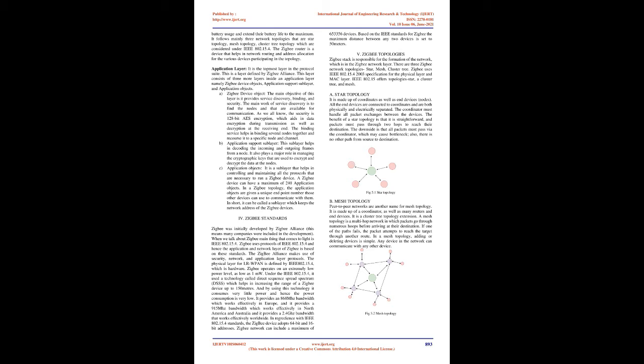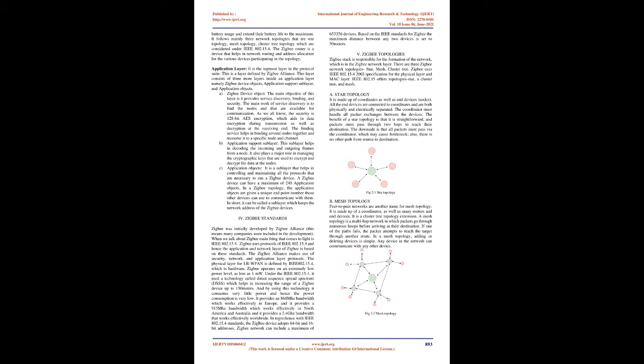It provides an 868 MHz bandwidth which works effectively in Europe, and it provides a 915 MHz bandwidth which works effectively in North America and Australia, and it provides a 2.4 GHz bandwidth that works effectively worldwide. In accordance with IEEE 802.15.4 standards, the Zigbee device adopts 64-bit and 16-bit addresses.